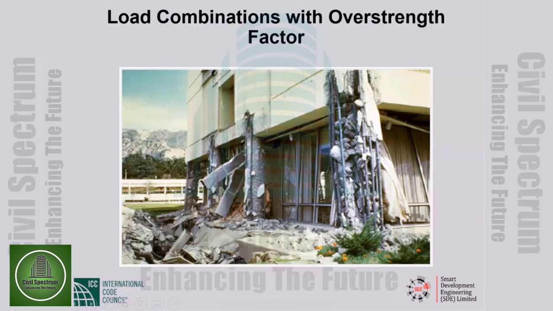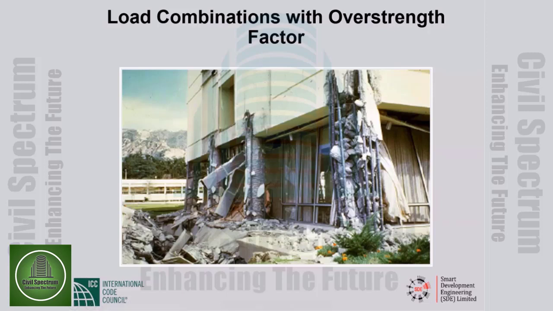Tie spacing was 12 or 14 inches, no 135-degree hooks, no cross ties. The building is standing up only because, for reasons unknown to me, those central columns are spirally reinforced columns and the pitch of the spiral is very tight. So those columns are in good shape, except the cover has fallen and they are holding the building up. If all the columns were like that, the building would have been down on the ground.